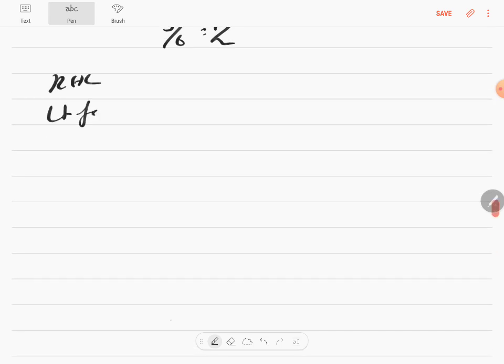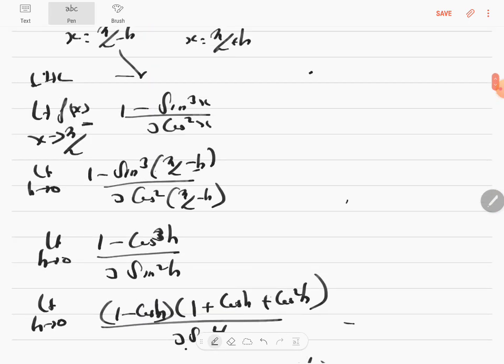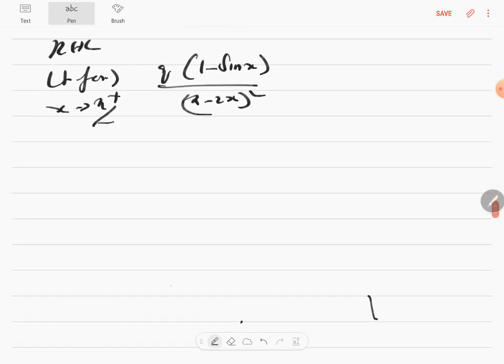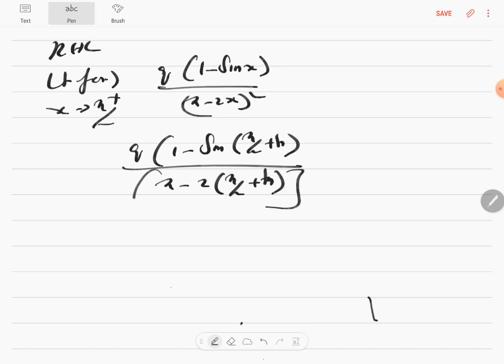Limit of f of x as x tends to pi by 2 from the right is q into (1 minus sin x) by (pi minus 2x) the whole square, and x has to be written as pi by 2 plus h. So q into (1 minus sin of (pi by 2 plus h)) by (pi minus 2 into (pi by 2 plus h)) the whole square, limit h tends to 0.